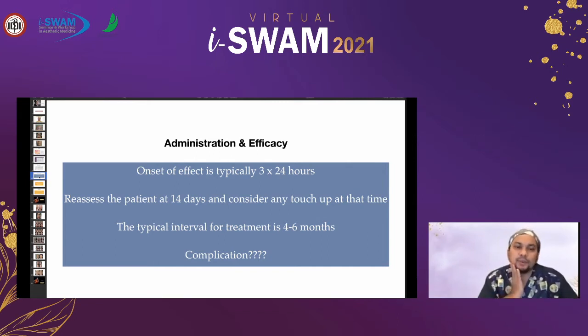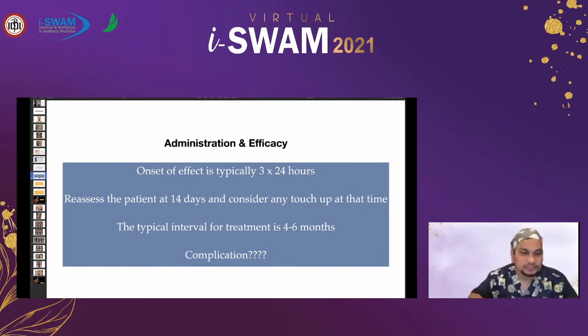And then we should reassess the patient 2 weeks after, to see if there are some points that you need to adjust. Especially if you do eyebrow lift, or wrinkles sometimes at the frontalis or the glabellar area, we sometimes need to readjust.